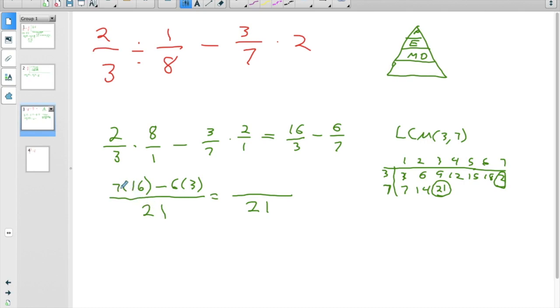Well, 7 times 16 is 112. So we have 112.